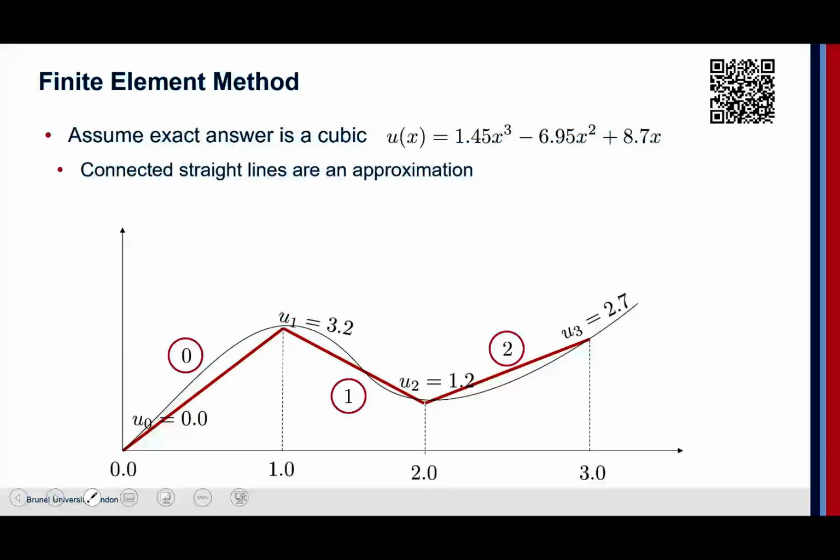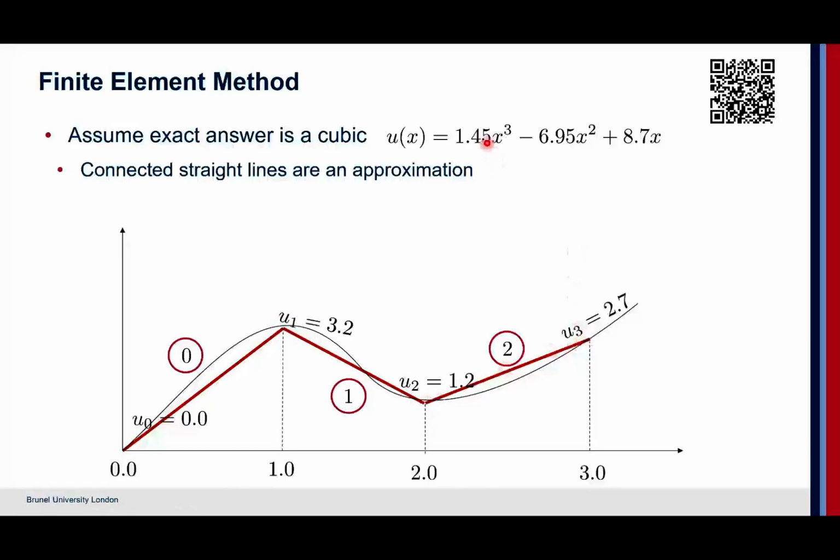Okay, so just to give you an intuitive example of this, I wanted to choose a particular function. I started to do this last week, where we're taking an exact answer, which we know is a cubic polynomial. We're going to connect a series of approximating straight lines, where the straight lines have the same value at the nodes as the cubic polynomial.